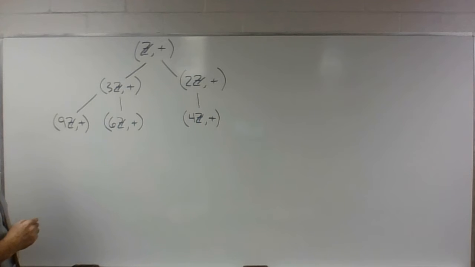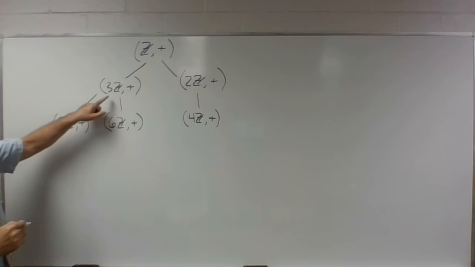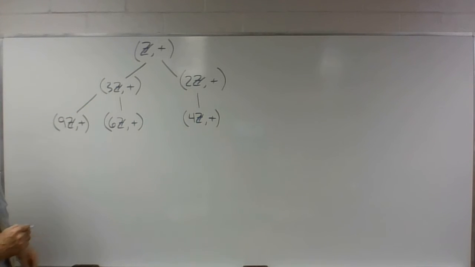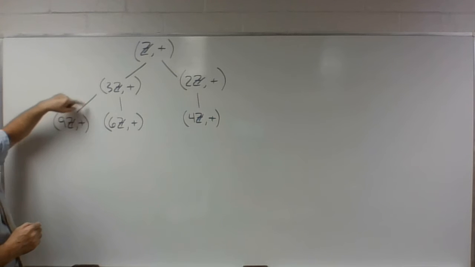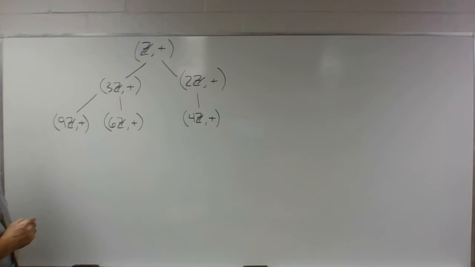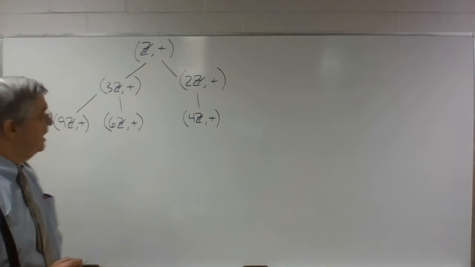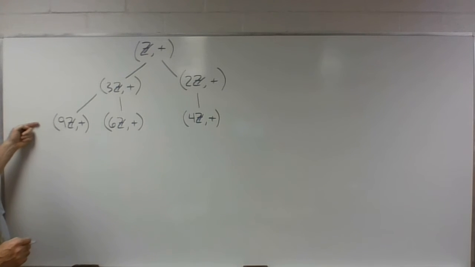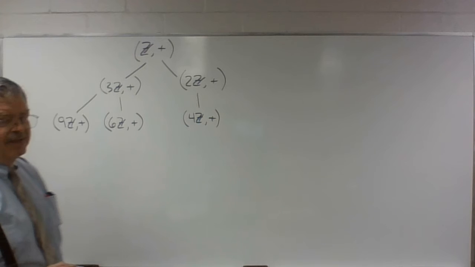9z is also a subgroup of 3z directly. There are no subgroups in between these on the lattice diagram. Now let's see, am I leaving something out? I guess over here I'd put 5z.